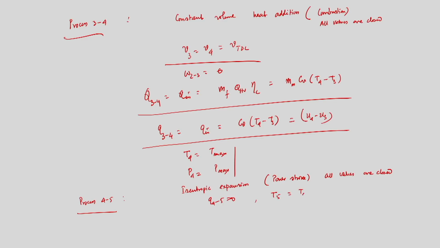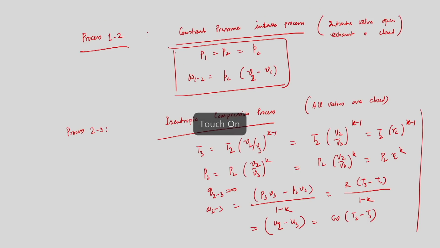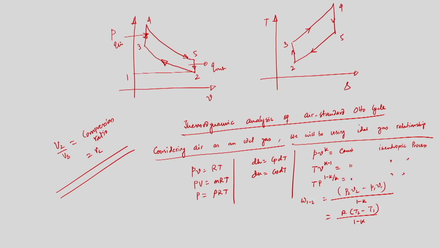T5 is equal to T4 into V4 by V5 to the power k minus 1. So, that is equal to T4 into V4 by V5 to the power k minus 1. So, V4 by V5, if we go back to see, V4 is equal to what? V4 is equal to V3 and V5 is equal to V2.